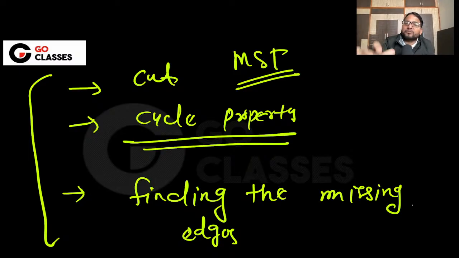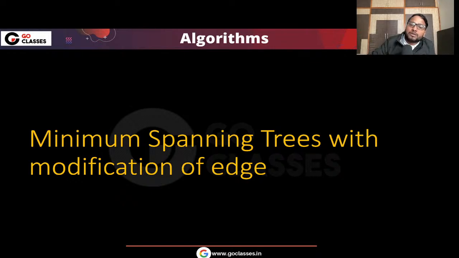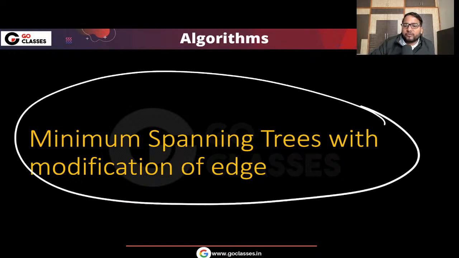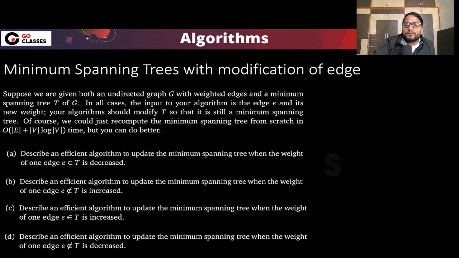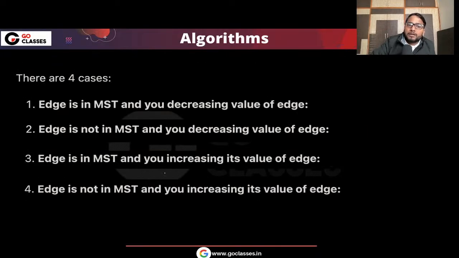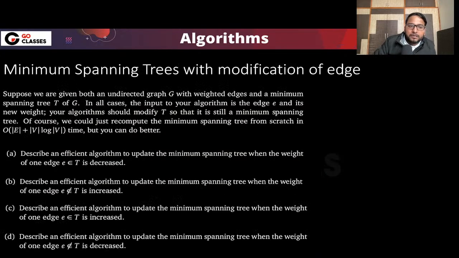Okay. Just a 5 minute discussion I want to do here, which is about the minimum spanning tree with modification of edges. Which means sometimes they might give you a question like this: suppose MST is given.